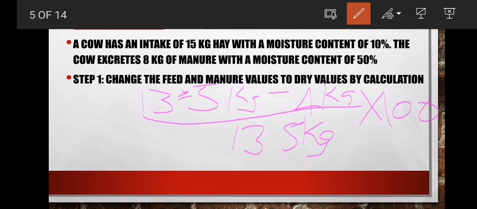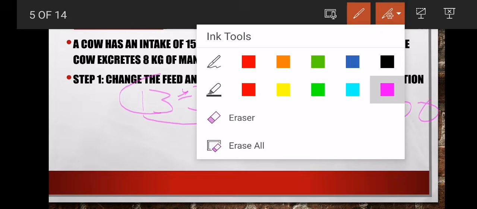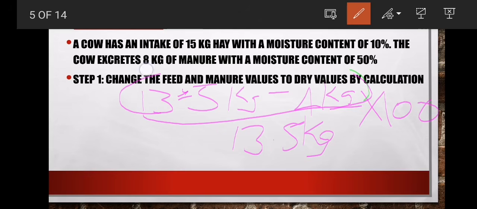I used to say to my learners, start by solving what is here at the top. 13.5 minus 4 kg, you will get 9.5.